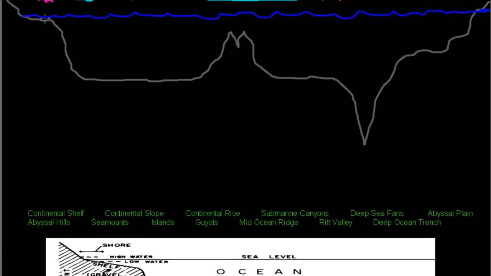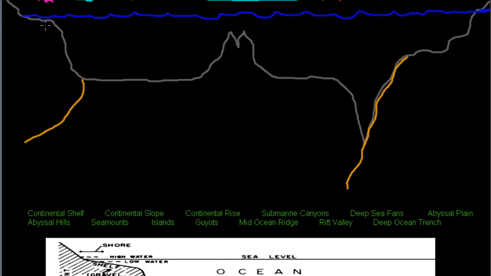Okay, we're going to start at this side. We're actually going to start with some things that belong to the continent. The continent is basically this block, which, if I pick a different color, this block belongs to the continent, just sort of like this block belongs to the continent. So the actual only ocean floor is this area right in here.